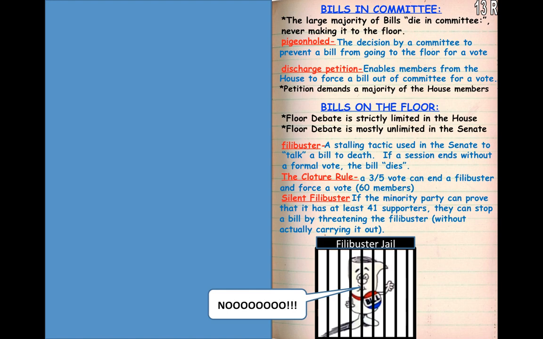So an example of this is, let's say that in the Senate, remember, Republicans have the majority. So let's say that there is a pro-life bill in the Senate, which means that we would get rid of abortions.